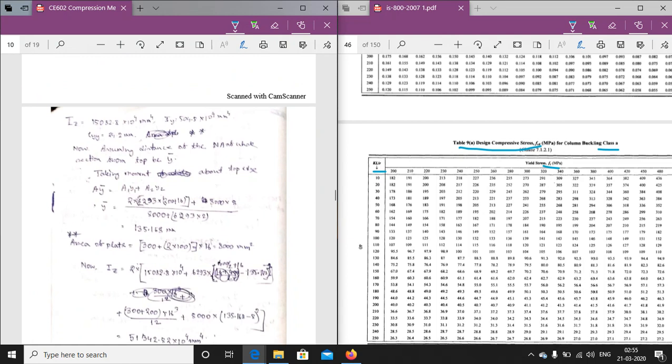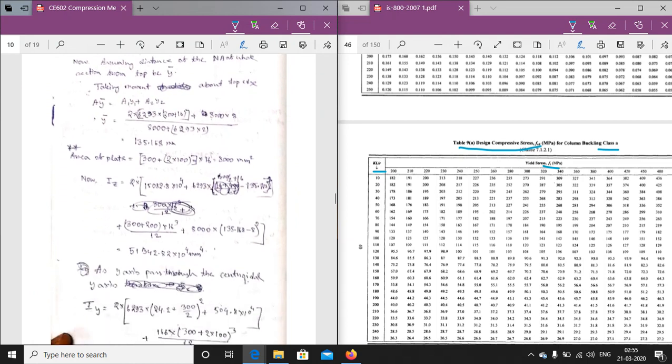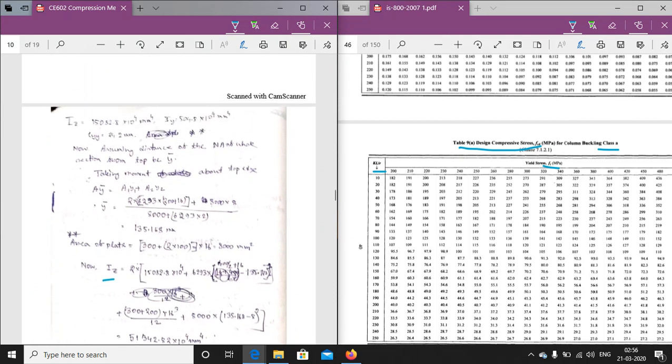Now for the total section, that is the channel plus the flange plate provided, we need to determine the total moment of inertia, that is the Iz of the total and Iy of the total. Now first we are determining the CG distance, then the area of the plate.